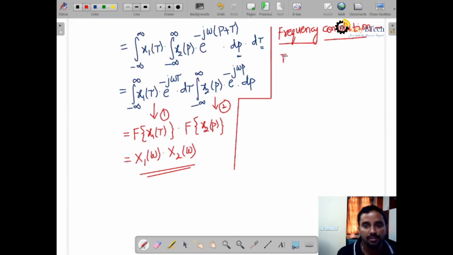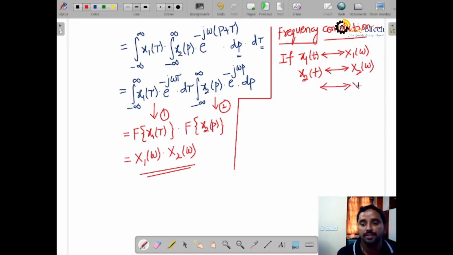So I am going to write the property statement. If x1 of t Fourier transform is x1 of omega, x2 of t Fourier transform is x2 of omega, then convolution in frequency domain, means x1 of omega convolution x2 of omega, divided by 2 pi.